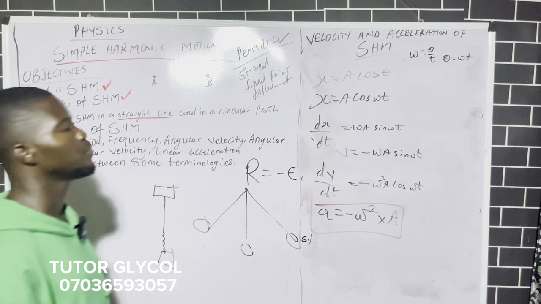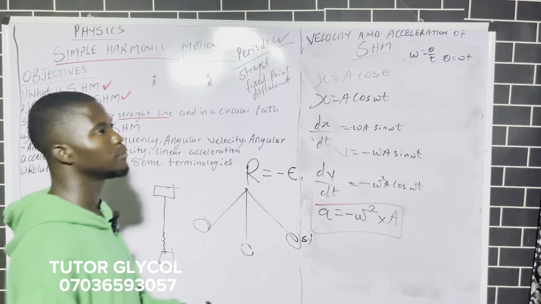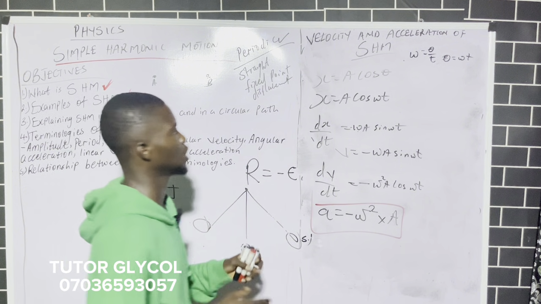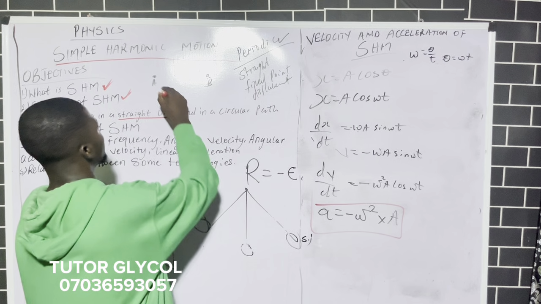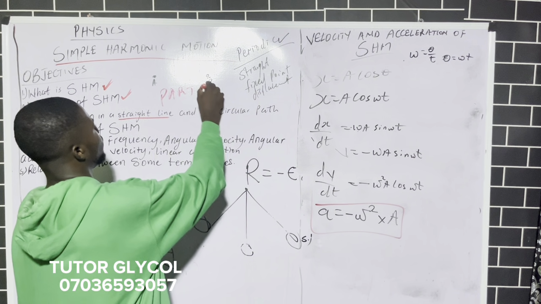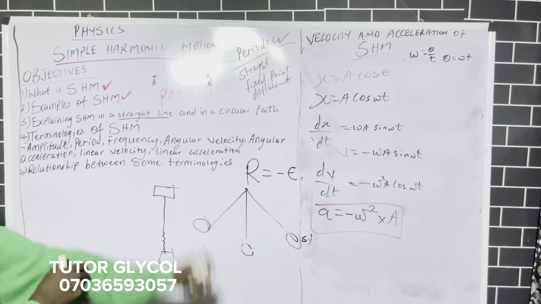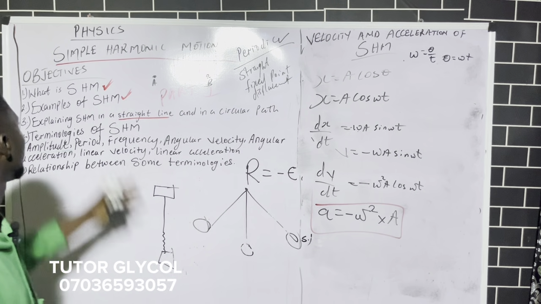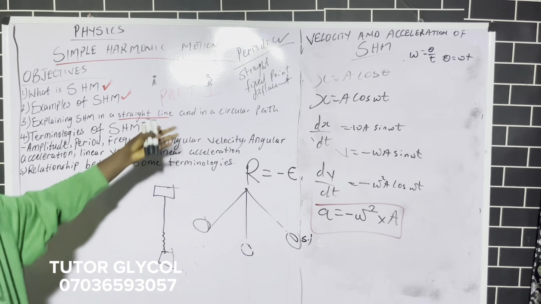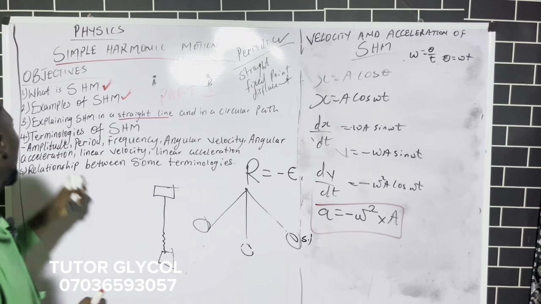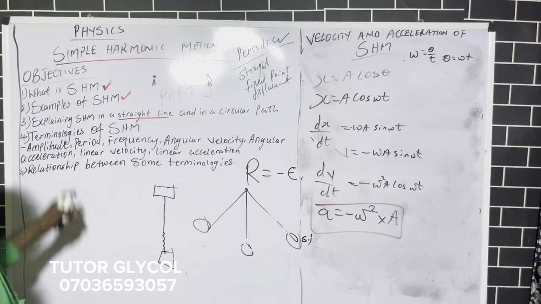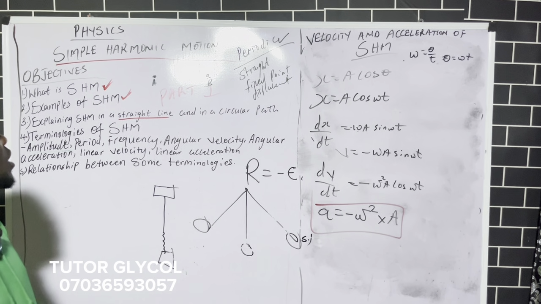So to wrap it up, the video is in part 1 and part 2. This is part 1. We have looked at what SHM is. You can go back to review it: examples, explaining SHM in a straight line and in a circular path, terminologies of SHM, amplitude, period, frequency, angular velocity.